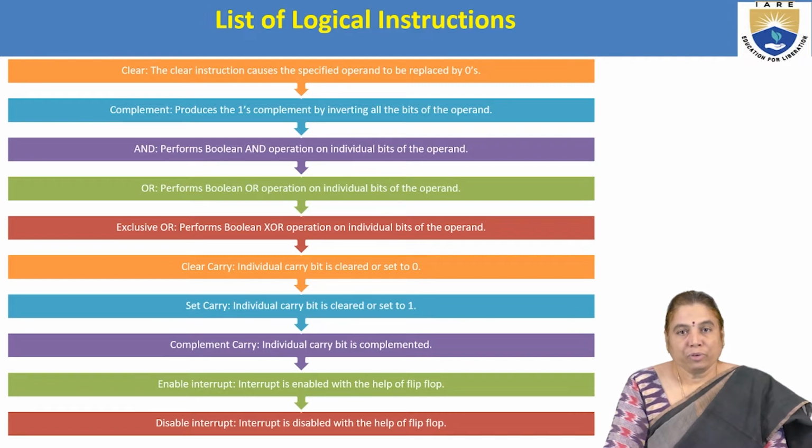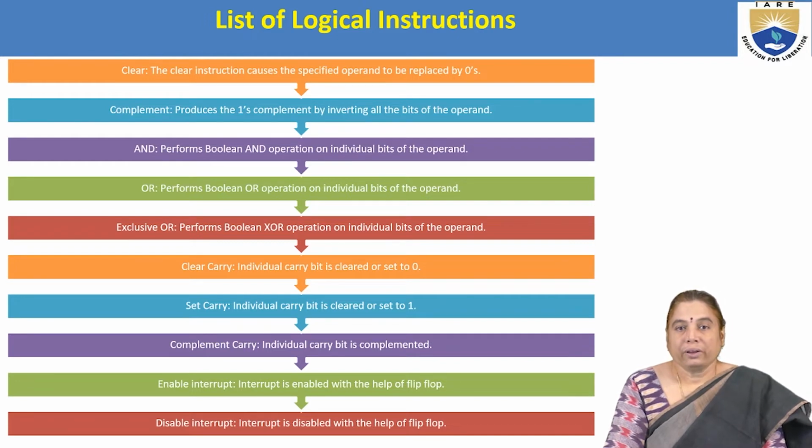Clear carry is used to store a zero value in the carry bit. Set carry is used to store a one in the carry bit. Complement carry can be used to produce the one's complement of the carry bit. Interrupts can be enabled with EI and disabled with DI.